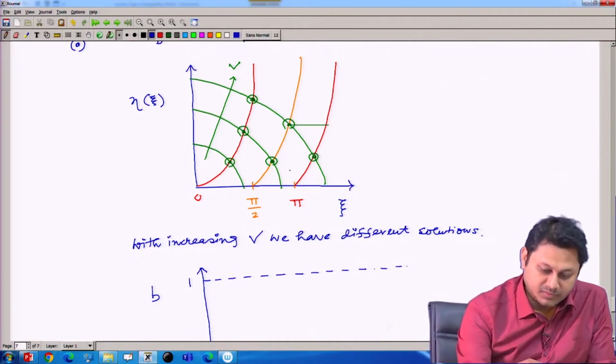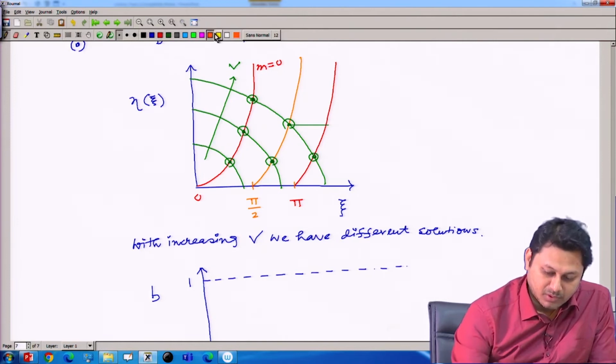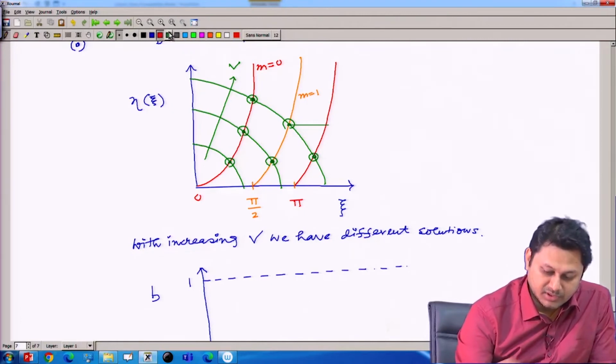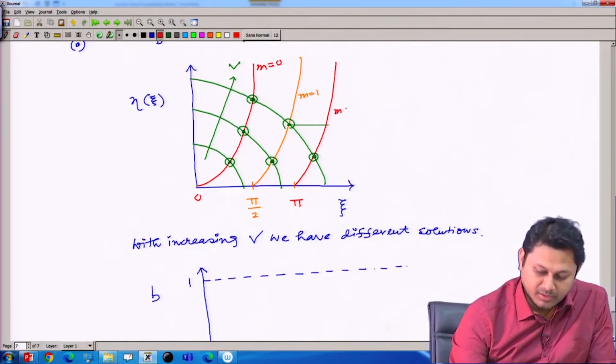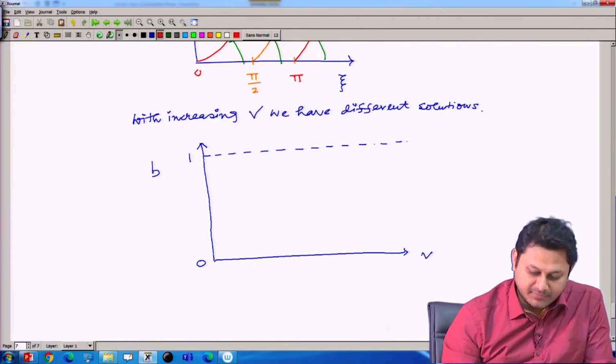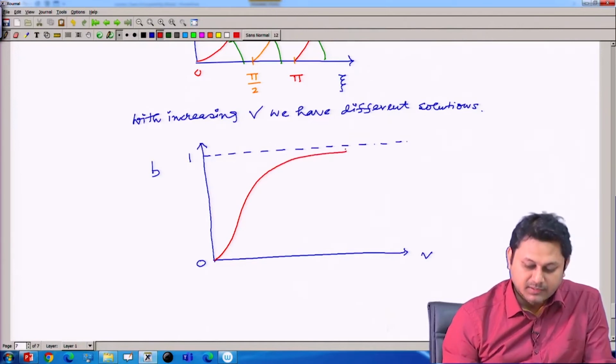This one is for say m equal to 0, this one for m equal to 1, and this branch again for m equal to 2 and so on. When I plot b as a function of V, this plot will look something like this. This is a very interesting kind of plot. It is something like this.